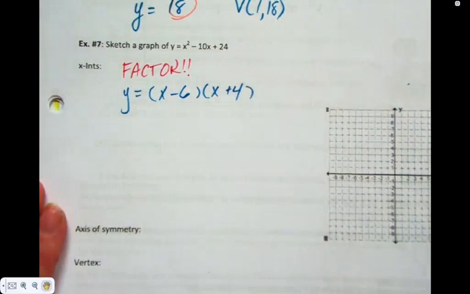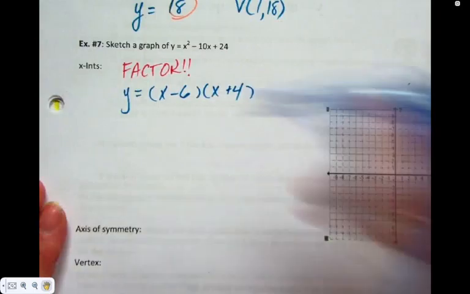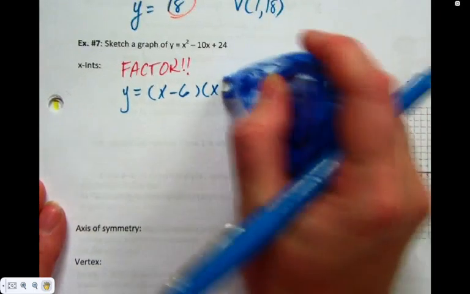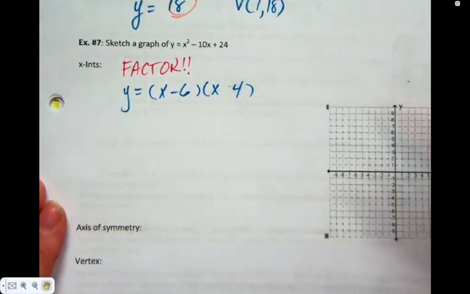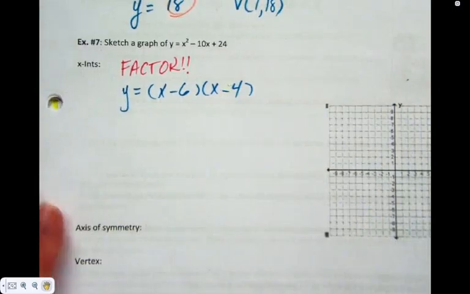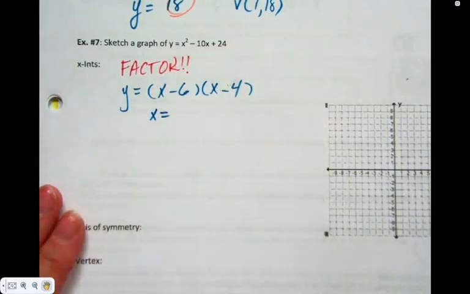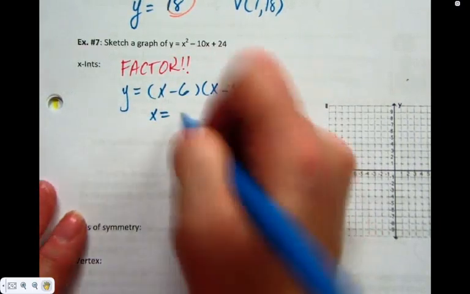There's the offer. Negative 4. Here's a change to the offer. And therefore, x-intercepts 6 and 4.